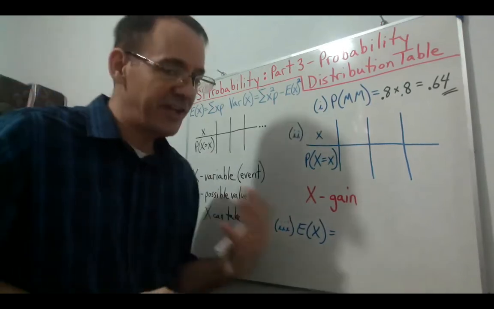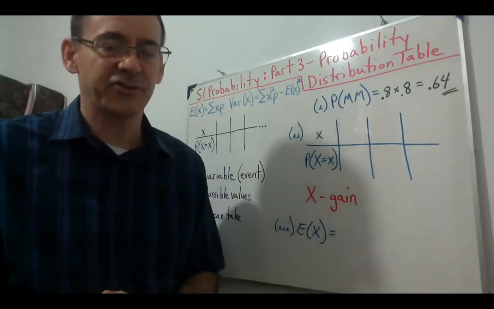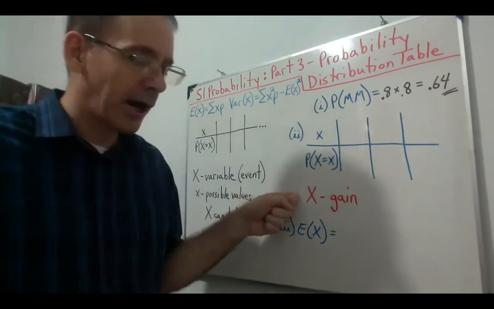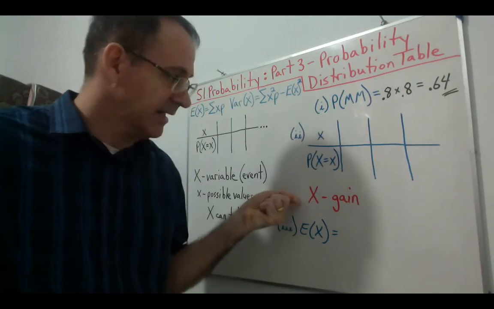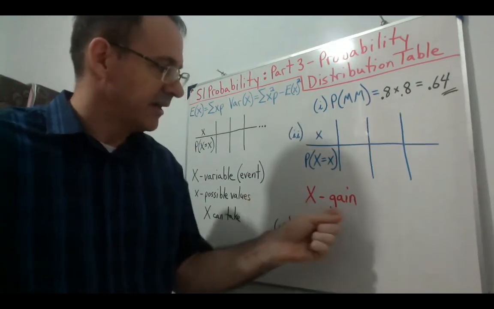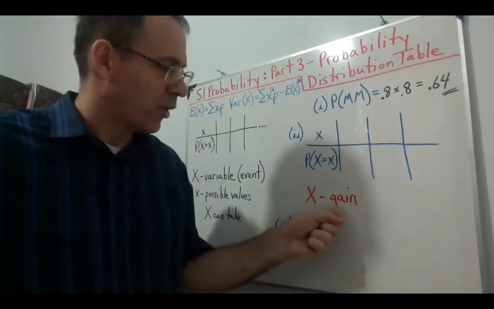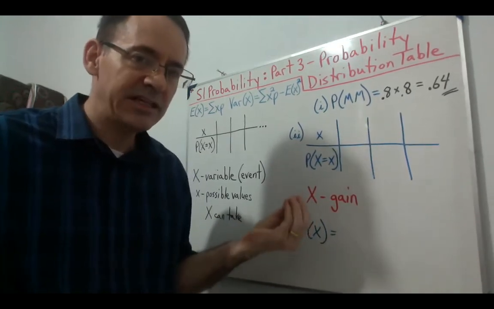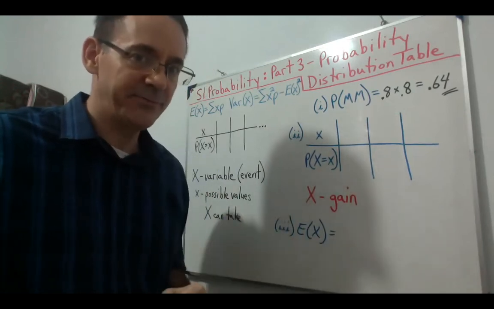Now, the second part asks us to fill out a probability distribution table where our big X, that is the variable that we're analyzing, represents the gain, and it can also be loss, or in other words, what is the money outcome of this event.